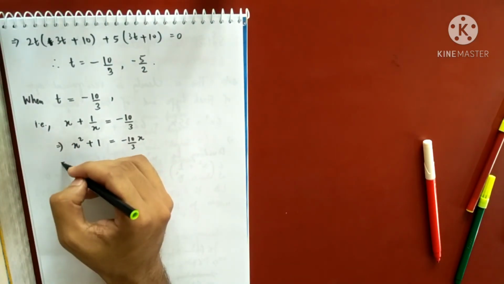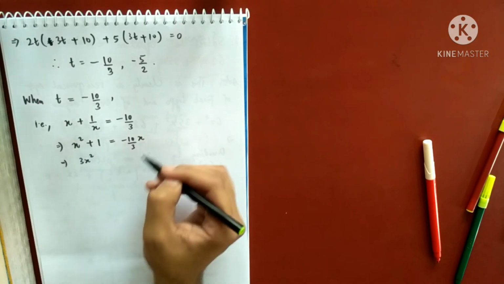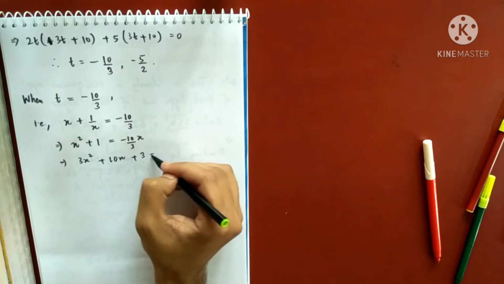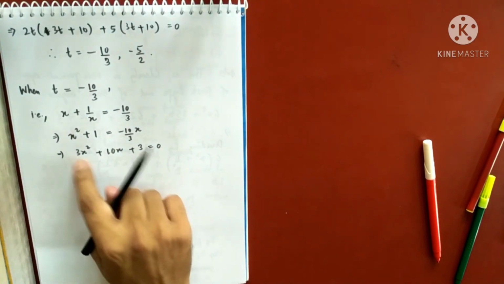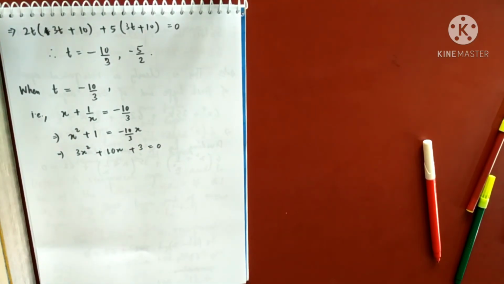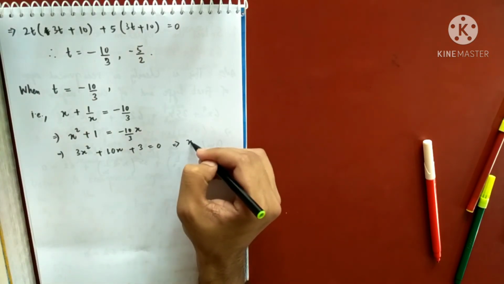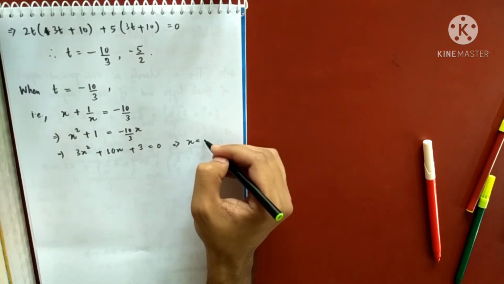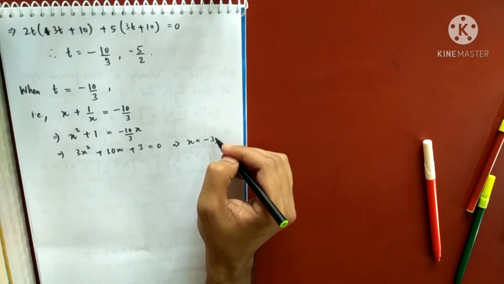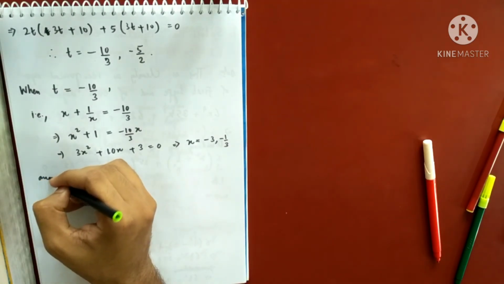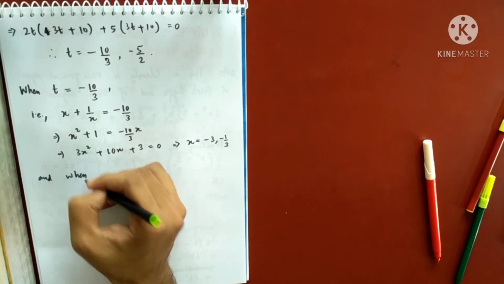So that will become how much? 3x square plus 10x plus 3 equals 0. You can easily solve this quadratic. 3 threes are 9, 9 plus 1 is 10. After solving this, you'll get x equals minus 3, minus 1 by 3.